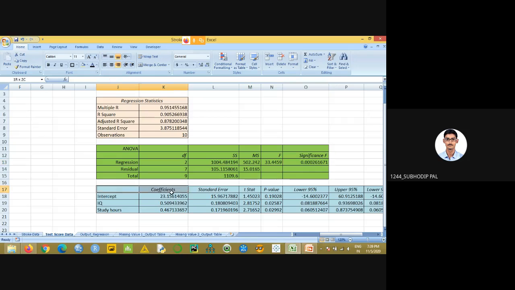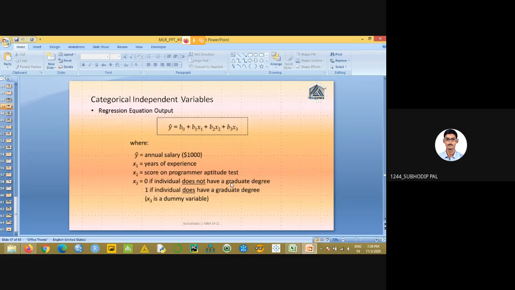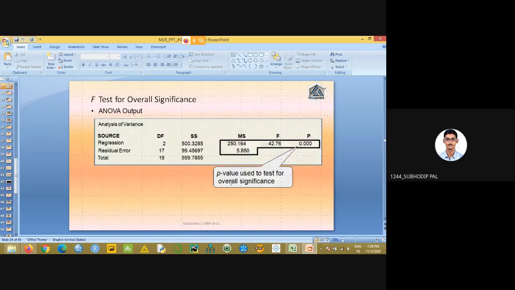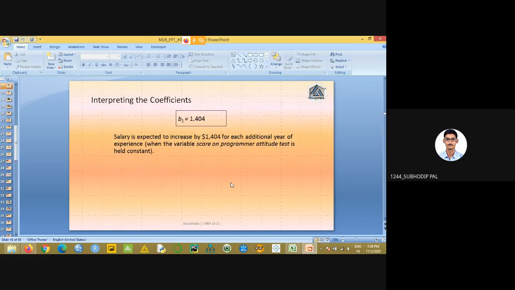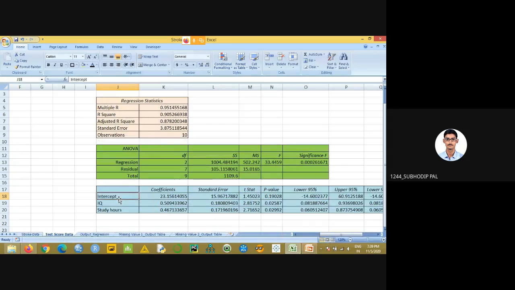And next, this is the coefficient table. Here you can see the intercept, the coefficient of the constant part. Whatever you have seen in the PPT was written as constant, but technically this is the intercept value.